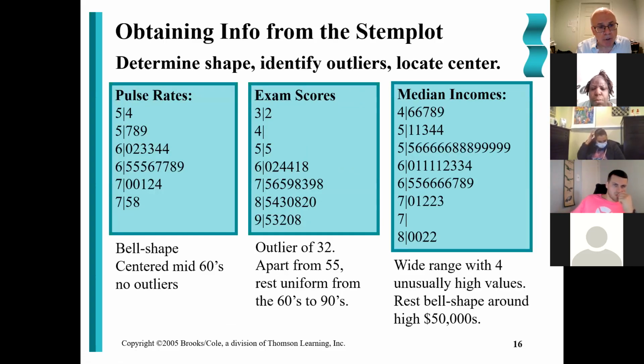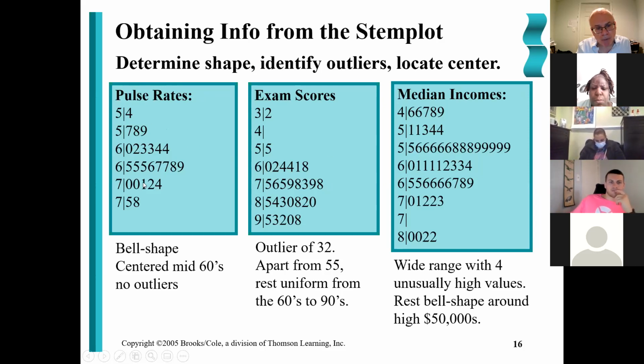And then he's showing you other examples here. In terms of shape of the distribution, you could see that this one seems like most of the numbers are in the 60s. Here, most of the numbers are bigger than the 60s. Here, it looks like most of the numbers are smaller than the 60s. All right, so you have different types of shapes here.